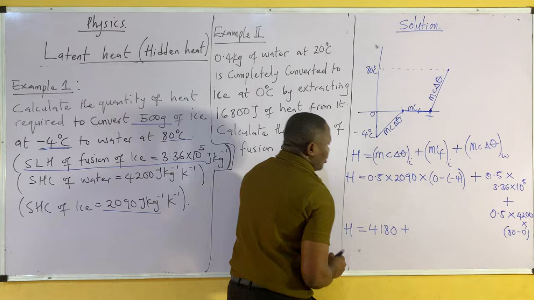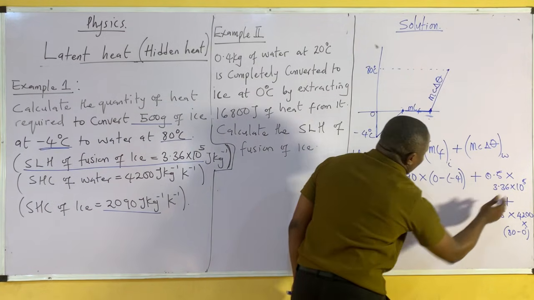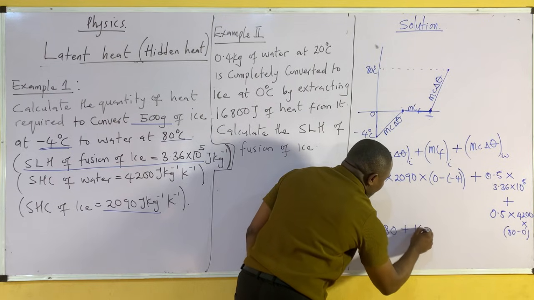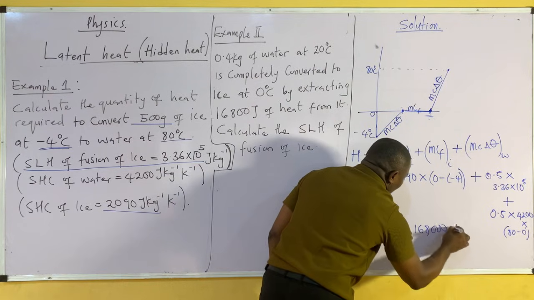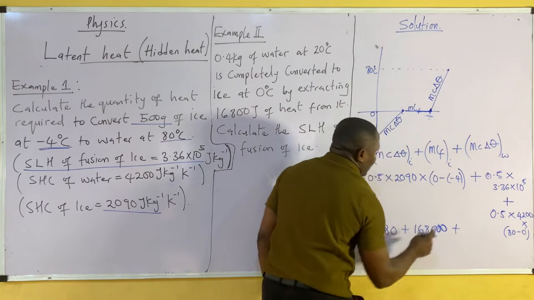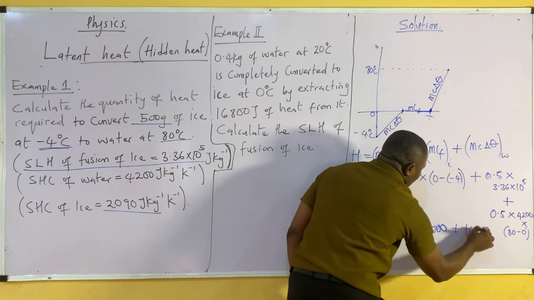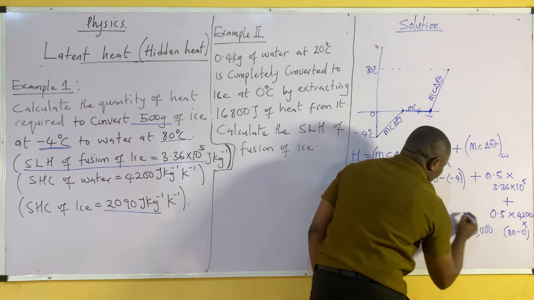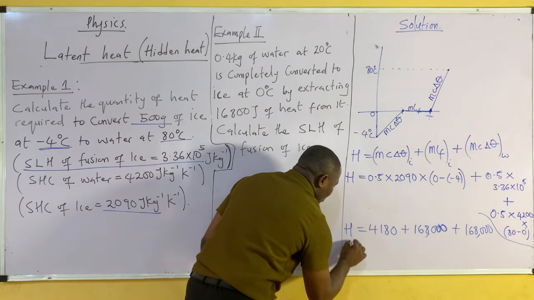4180 plus, everything here plus everything here will be 168,000, plus everything here is the same, 168,000. So take note of this side is out. So what is H now equal to?